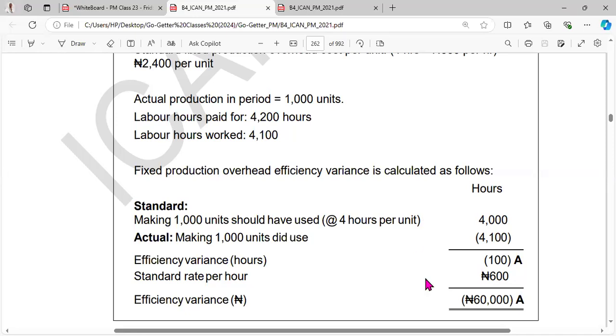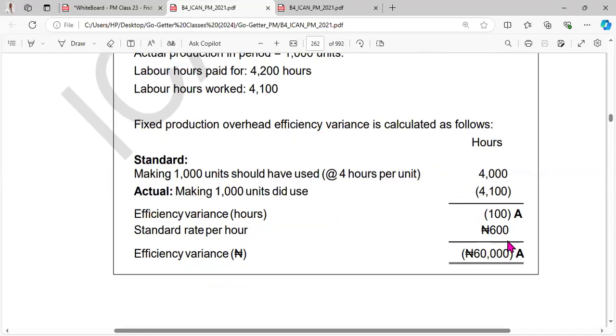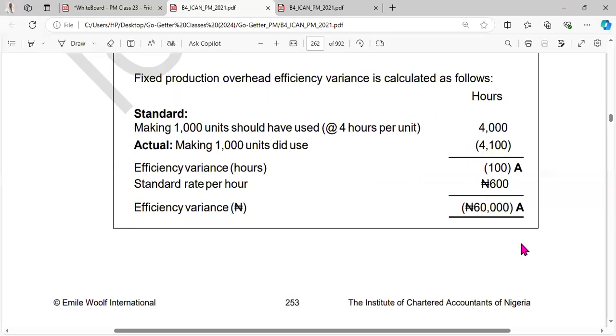Okay, then look at your standard rates. So the efficiency variance is this. This is as good as saying standard hours, standard rate minus actual hours, standard rate.